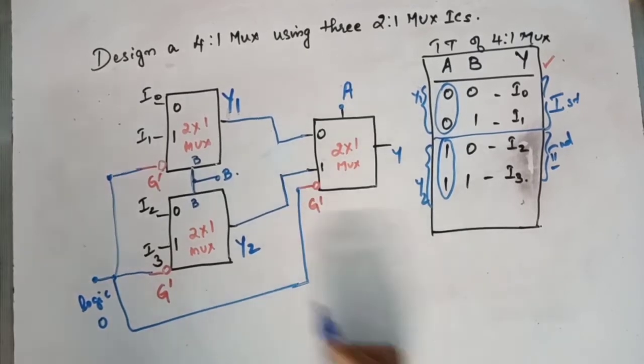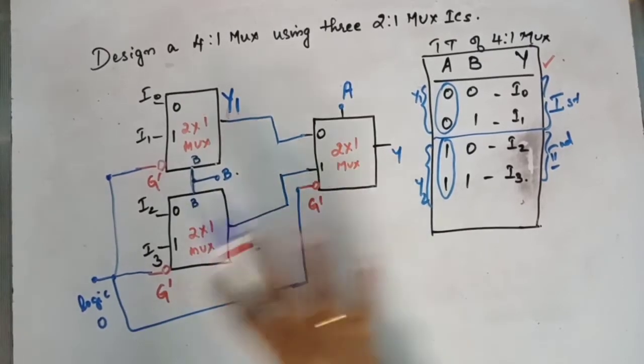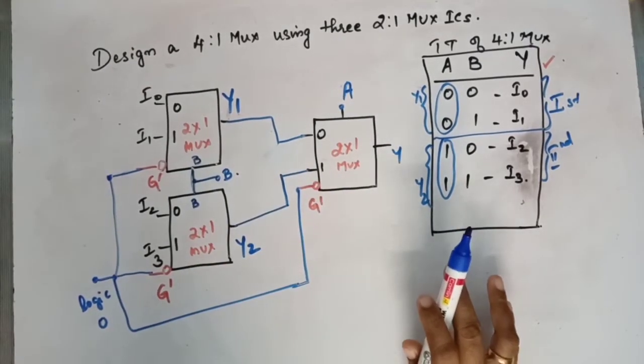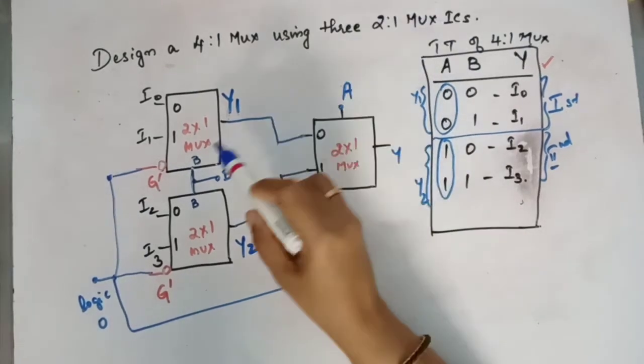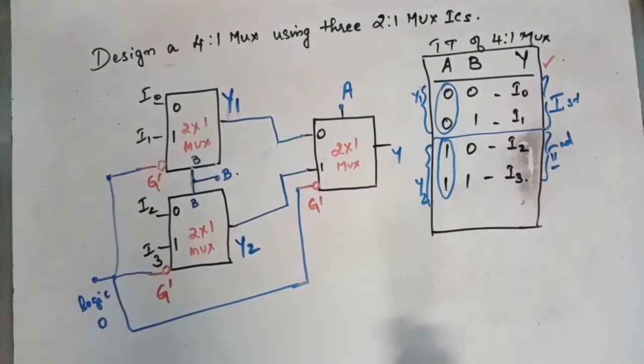Okay, so since it is logic 0 for all the multiplexer strobe, all the mux are on at the same time, and B will decide on which of the input lines should be selected.